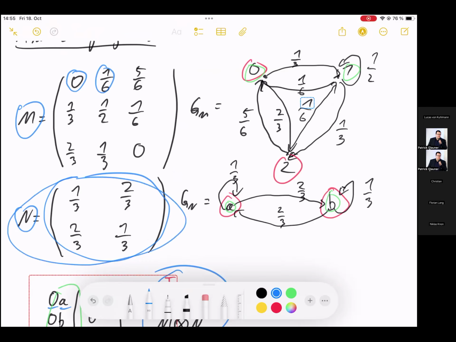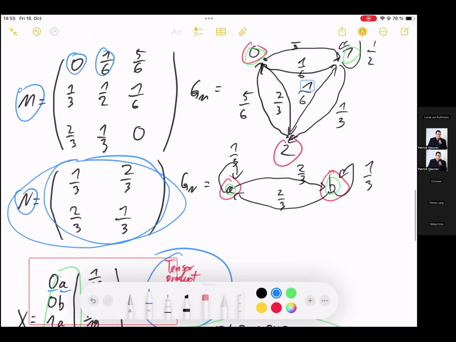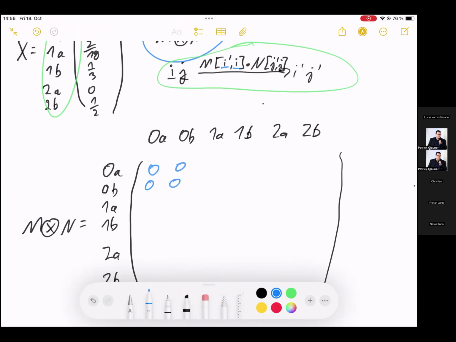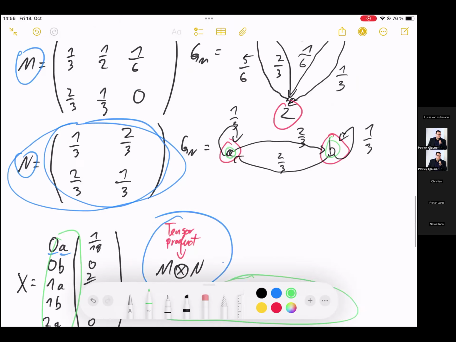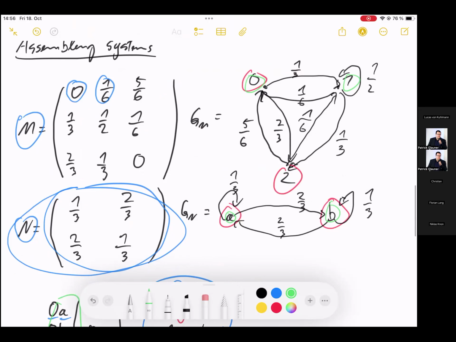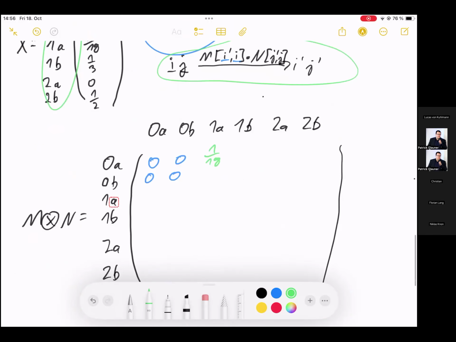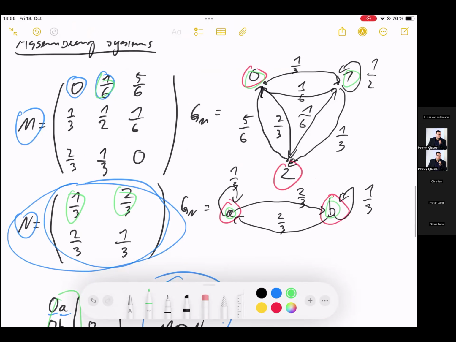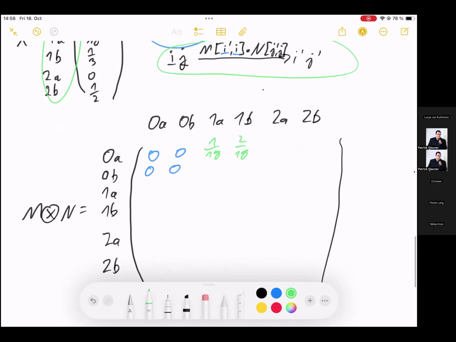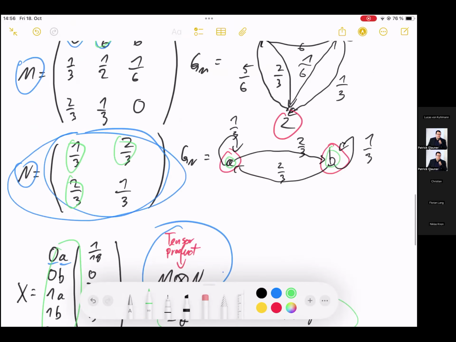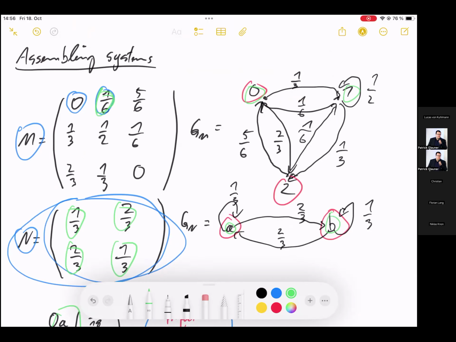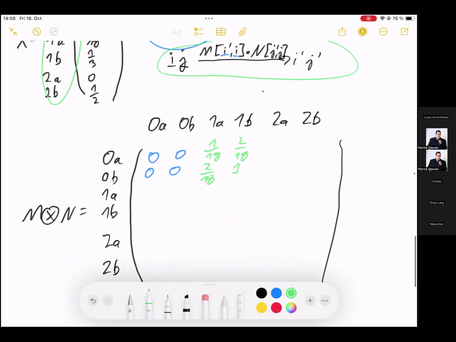So 1/6 multiplied by a third is 1/18th. Just using a different color, 1/18th. Then we have this 1/6 times a third, 1/6 times 2/3, which is 2/18th. Then we have this 1/6 times 2/3 again, which is 2 divided by 18. And then again, 1/6 times a third, which is 1/18th.